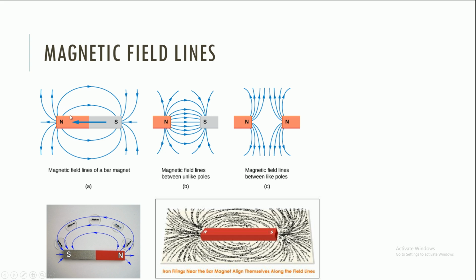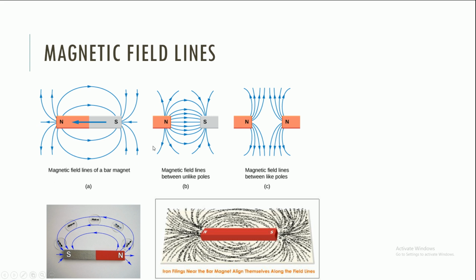But if you look at the top rays here, it'll be going from north to south, right? So this middle chunk here, the magnetic field lines will always go from north to south, but the ones at the ends will always go in the direction of south to north. So just memorize how this looks.